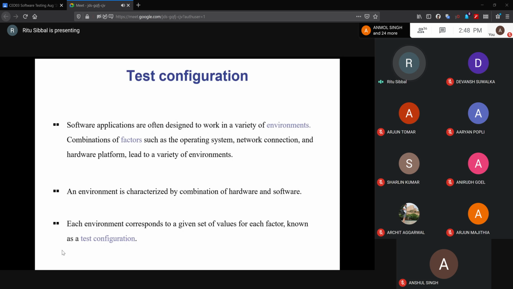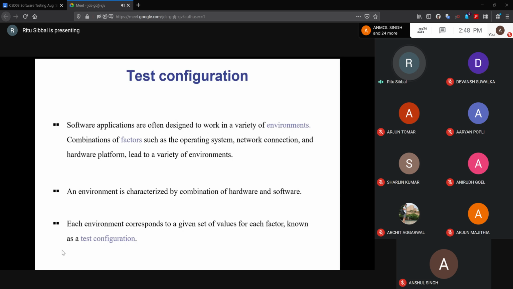So the values of each factor for that particular application at that point of time give you the environment for that application. And this set of values for each factor will form a test configuration.